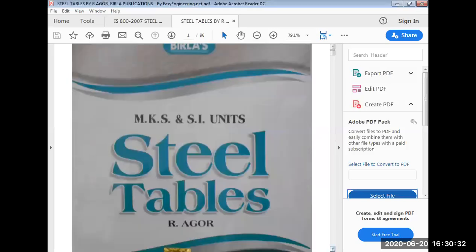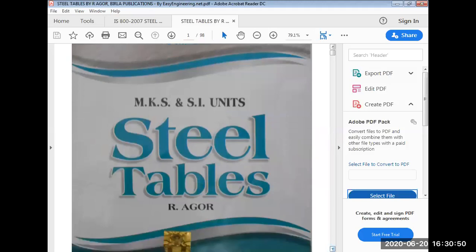In this steel table, what is given? Here given are various steel sections available in market: I section, channel sections, whatever steel sections we are using as a construction member in our steel structure, all the sections are given in this steel table.